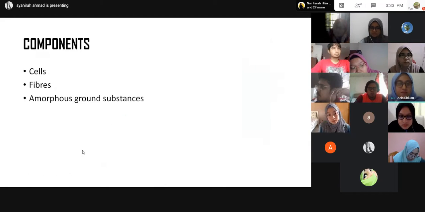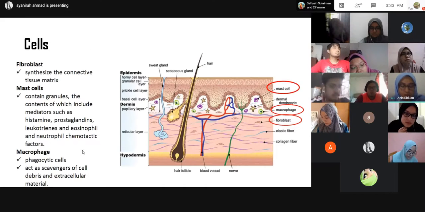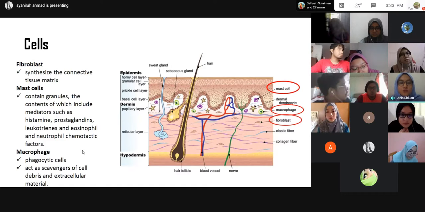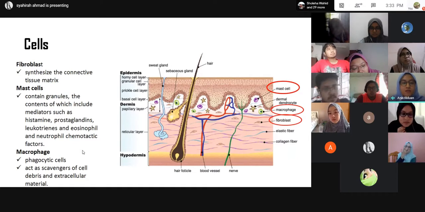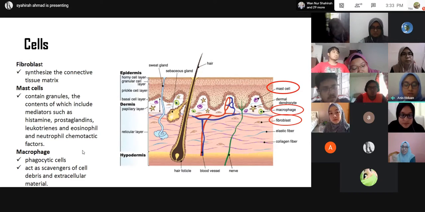Next. There are three components of the dermis, which are the cells, the fibers, and also the amorphous ground substances. Next. The main cellular elements of the dermis are fibroblasts, mast cells, and macrophages. The fibroblasts synthesize the connective tissue matrix of the dermis, such as collagen, reticulin fibers, and elastin fibers.